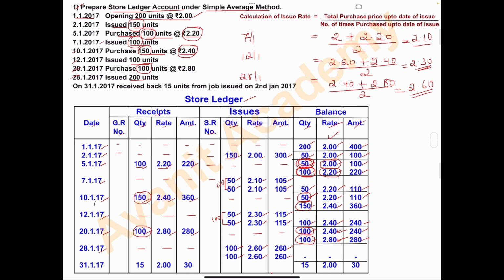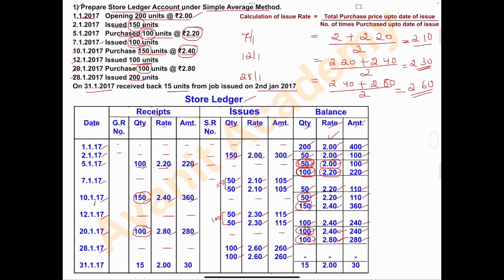So balance is nil. Next is on 31st January 2017, received back 15 units from job issued on 2nd January 2017.